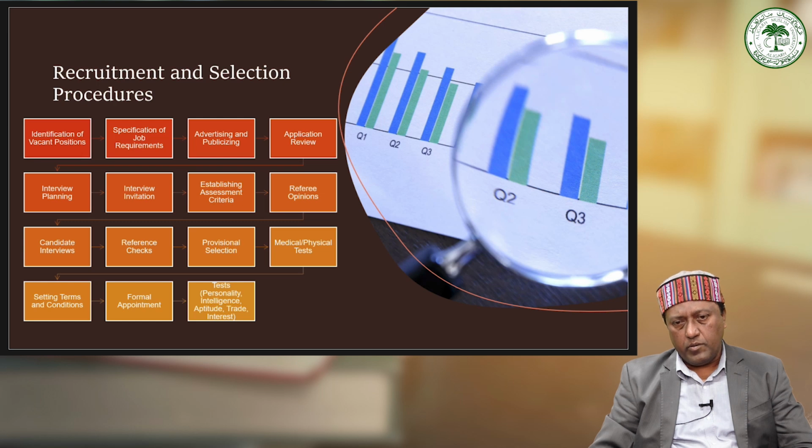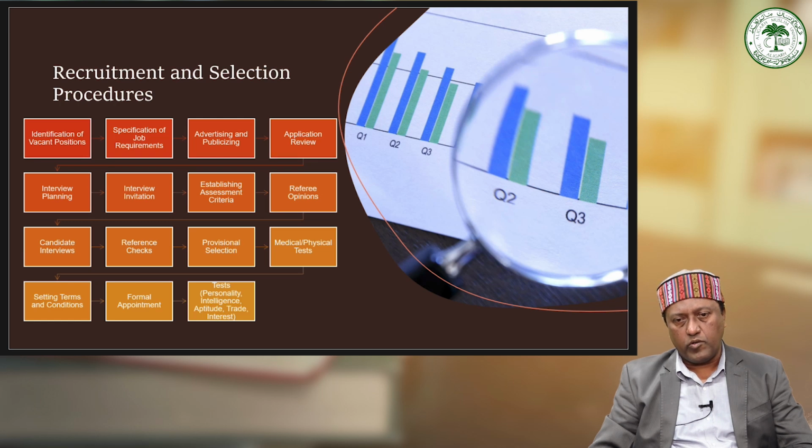A simple example: once candidates have been provisionally selected, employment terms such as salary, benefits, work schedule, and start date are finalized, taking into account organizational policies and budgetary constraints. So, formal appointment is given: a formal appointment letter or the contract is issued to the selected candidates officially, offering them the position and outlining the terms of their employment, thus completing the recruitment and selection process.